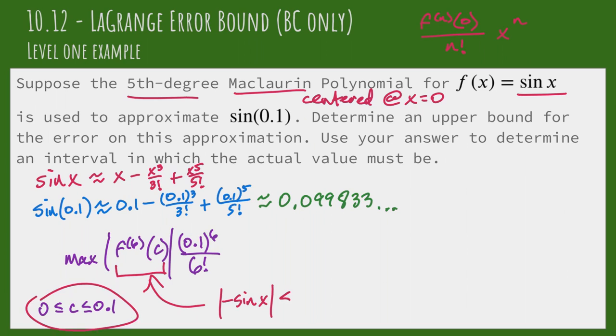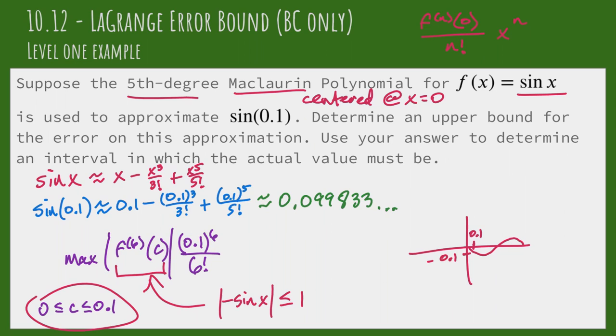Well, we know sine of x is always less than or equal to 1. However, with this particular function, remember the sine function looks like this, but we're talking about the opposite of sine, which is going to look like this. At 0.1, the largest possible value is going to be bounded by negative 0.1, which in absolute value is positive 0.1.